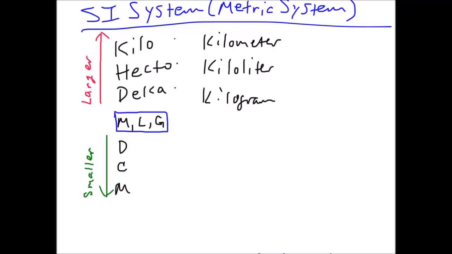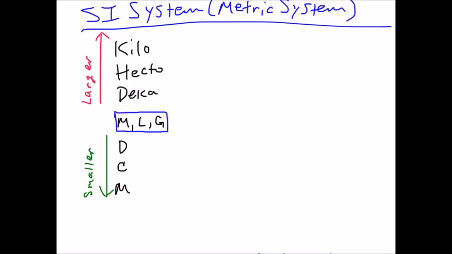And all of these show that it is larger than the base unit. A kilometer, for example, is going to be 1,000 times larger than a meter. A hectometer will be 100 times larger, and a decameter is going to be 10 times larger.